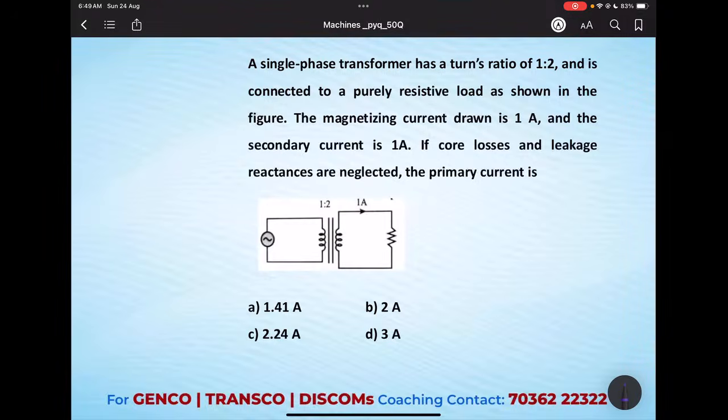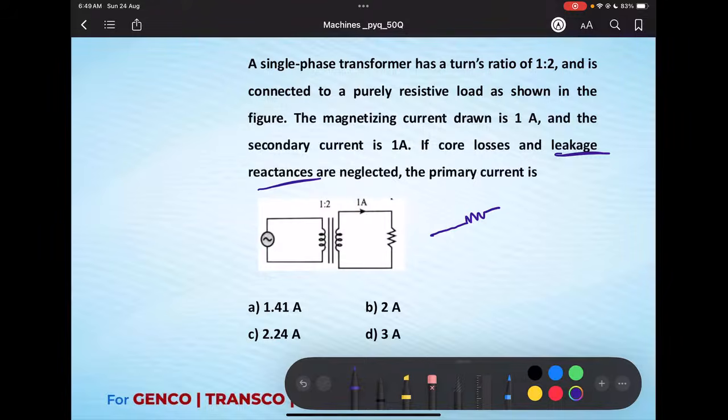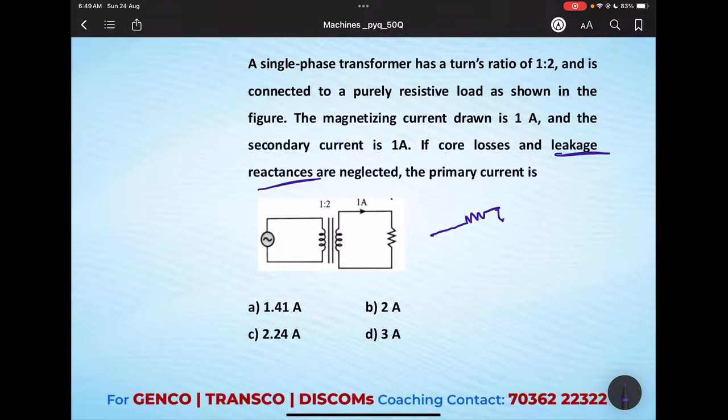Okay, what are they telling? We have the transformer equivalent circuit. We will write the equivalent circuit of a transformer based on the given question. What they told: leakage reactance is neglected, so we neglect leakage reactance. This is the primary side.